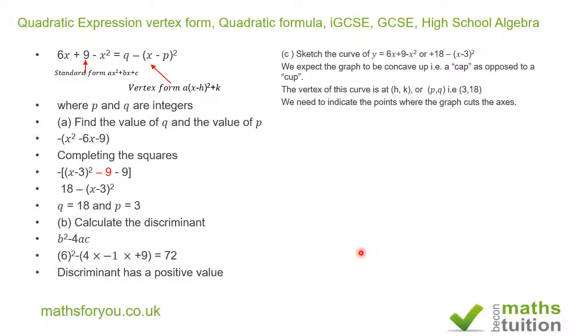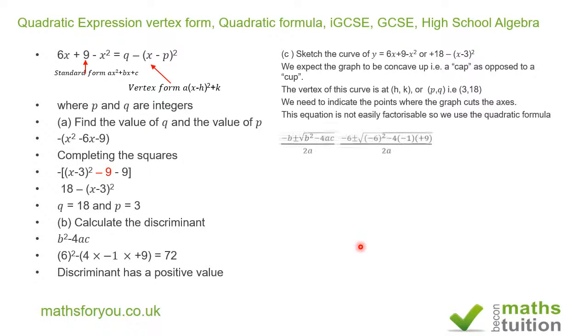We now need to find where the curve cuts the x-axis, and we can find that by using the quadratic formula again. We already know that b squared minus 4ac is 72, so we need to find the square root of 72.